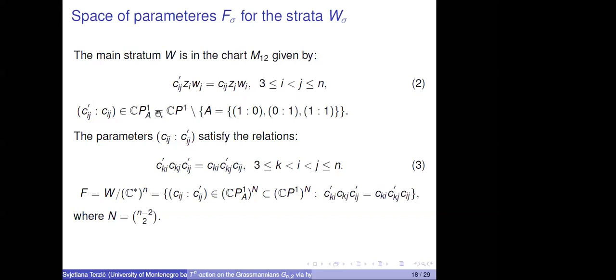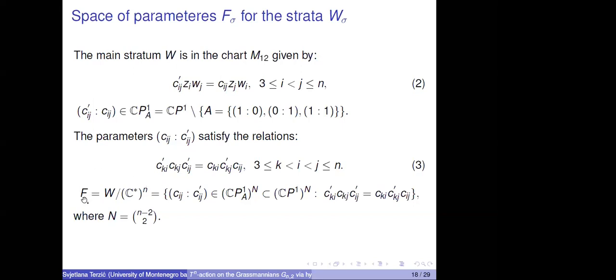It follows from the condition that none of Z_i and W_j is 0. Then, since the Plücker coordinates satisfy some relations, from the Plücker relation we obtain that these parameters of the main stratum satisfy this relation. So they satisfy some cubic equation.